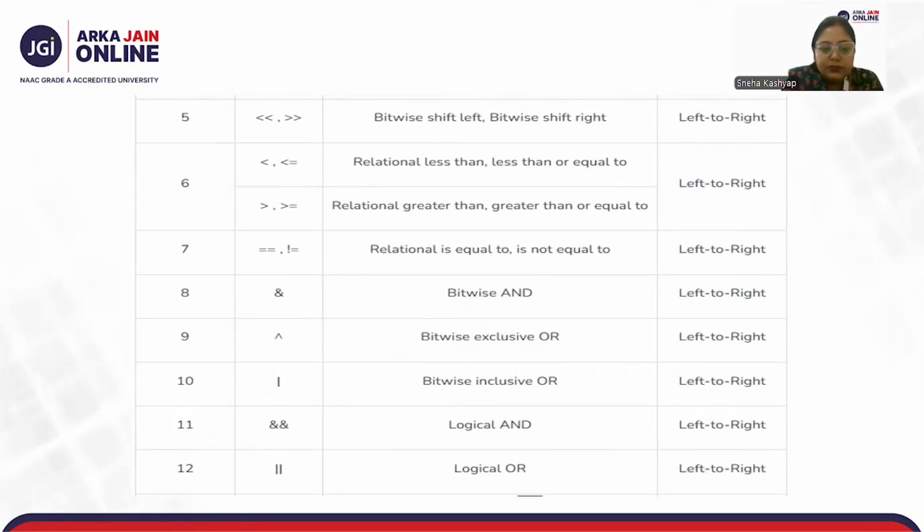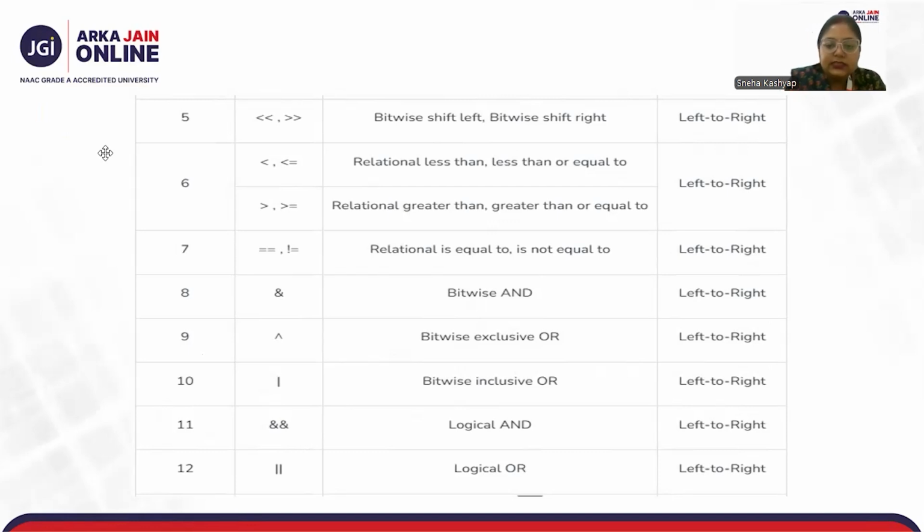So both have the precedence value of 7 and they operate from left to right. So as you can see in this slide, most of them operate from left to right. Now, next one, bitwise AND operator. Its precedence value is 8 and it's associated from left to right.